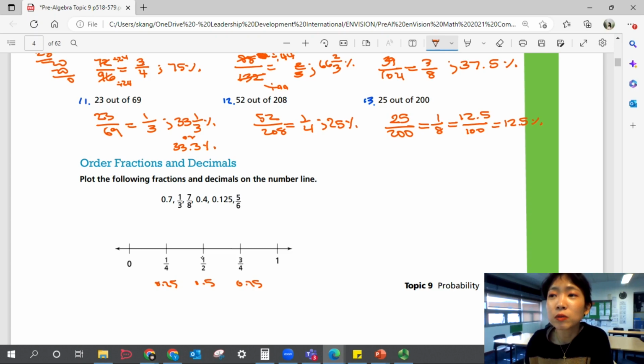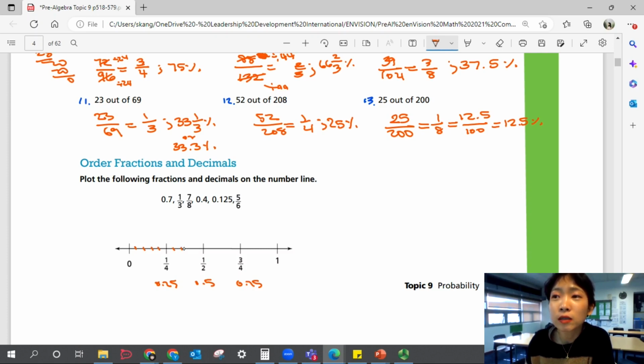So why don't we divide each of these blocks into 5, right? Because each of them will represent 25 blocks, right? So if we divide each of them into 5 different blocks, then we know that each of them represents 0.05, right?